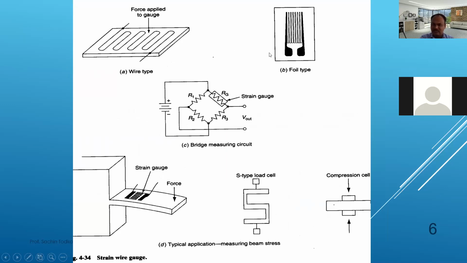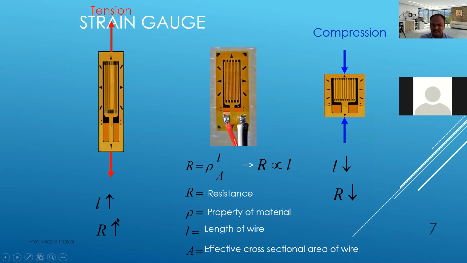If there is a force acting on that particular wire or foil, then there will be a change in the resistance. We know that as length increases, there will be a change in resistance in the same manner, because resistance is directly proportional to length.